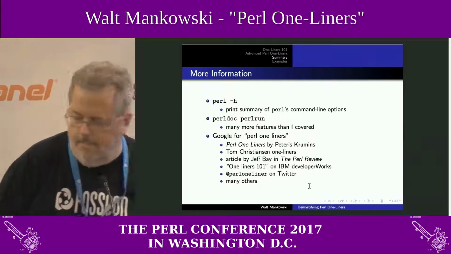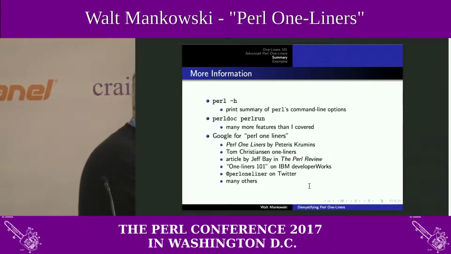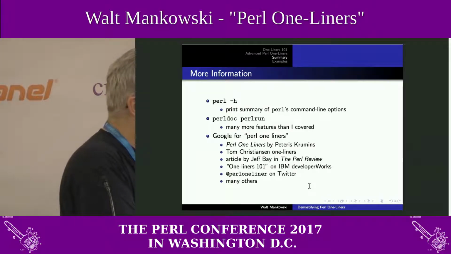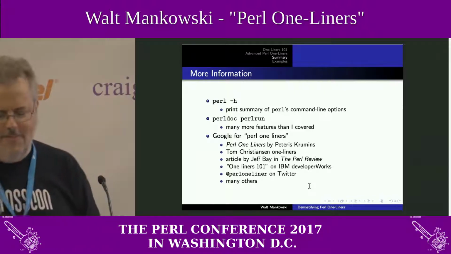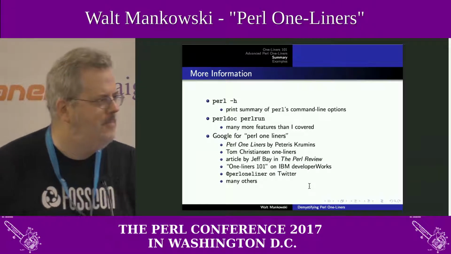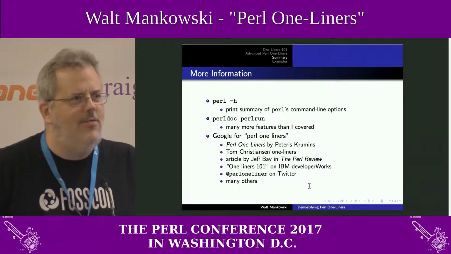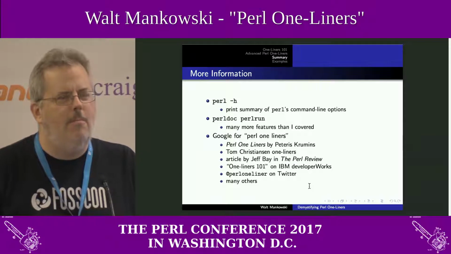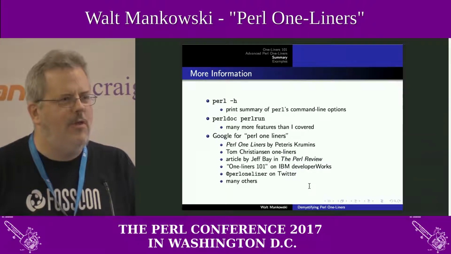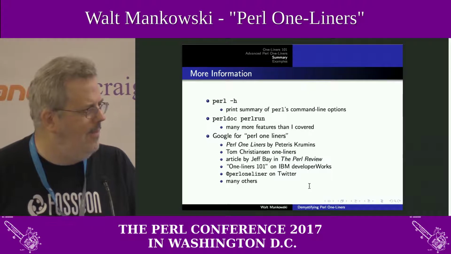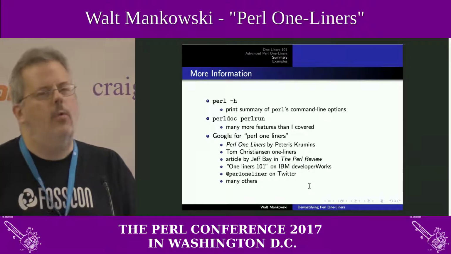Yes? There's a conflict for dash zero. If you use -0 with something, then -l, then -0 with something, you can set both $/ and $\. What does $\ do? That's the output separator. Oh, the output separator. Yes. You have to use -0, -l, and -0. So what Abigail just said is that if you run -0, -l, -0 again, that sets the input separator and the output separator to whatever parameter you're giving.